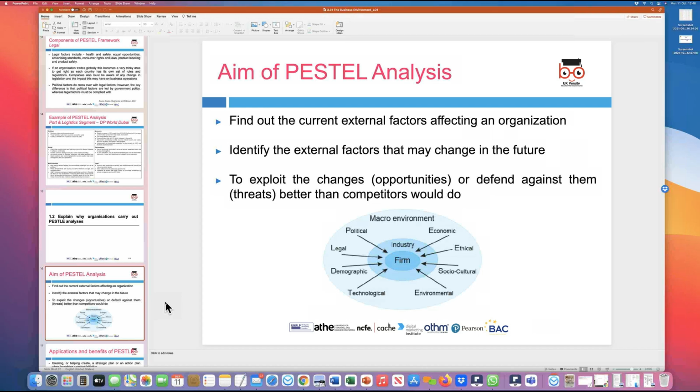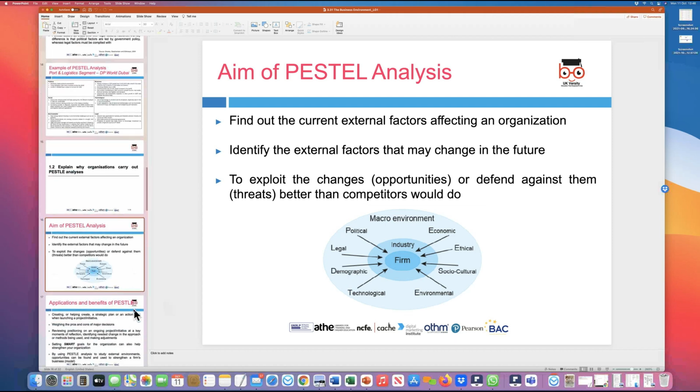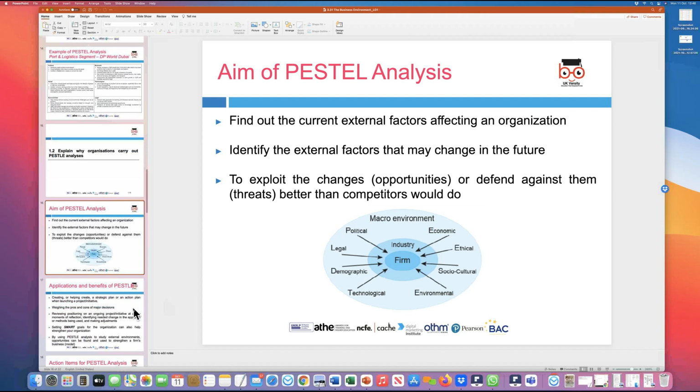An organization normally cannot directly control some of these factors, but it can mitigate or come up with solutions which allow it to negate, reduce, or deflect some of these issues and problems, and that allows it to still continue functioning within the broader business environment.